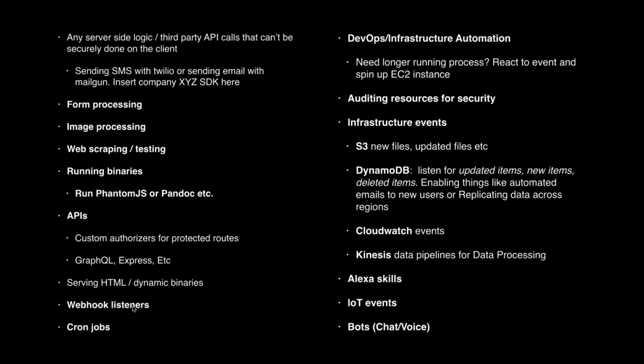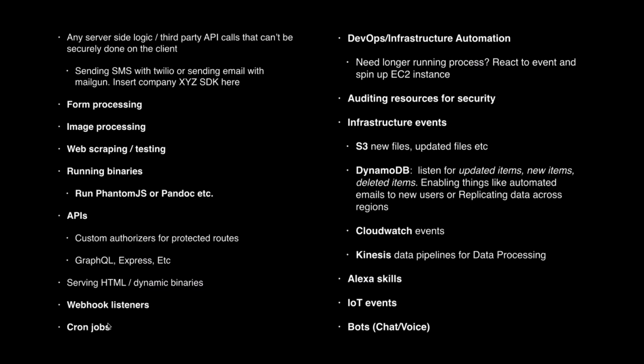So again, if you don't want to set up your own server and pay hourly for that server, that may be running a cron job once a day or once a week or what have you, you can do that through AWS Lambda, and you're only paying when it actually runs. So this enables a lot of really cool things, a lot of really cool automation.